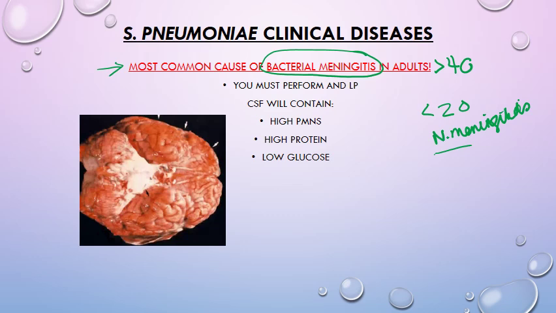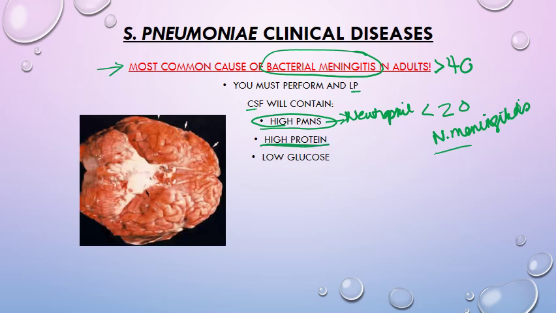Well, first off, you're going to do a lumbar puncture. You're going to collect the CSF. And when you look at the CSF, it's going to have a high amount of polymorphonuclear cells, so a high amount of neutrophils. And those will be big and evident. The pathologist will be able to tell the difference in the nucleus.